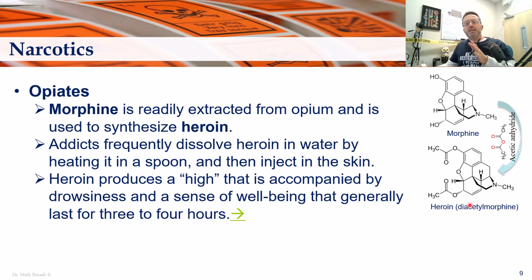And as I said, diacetyl morphine is much more potent than morphine. Besides being a powerful analgesic, heroin produces that known high effect that is accompanied by drowsiness and a deep sense of well-being. However, this effect is very short, generally lasting only 3 to 4 hours.